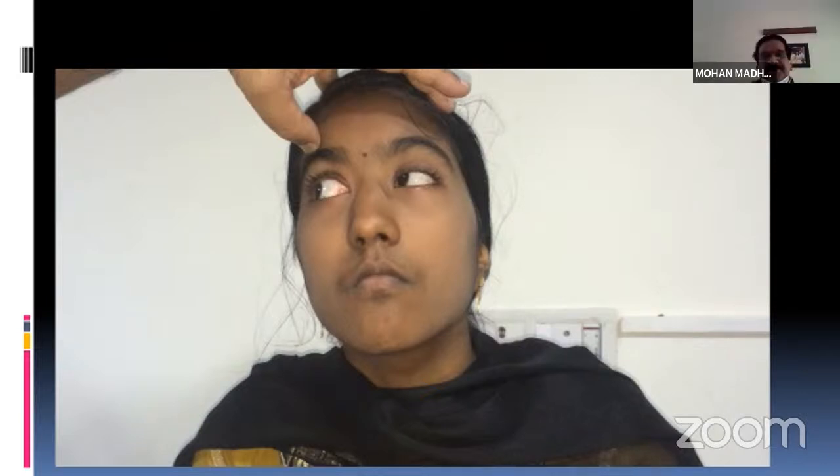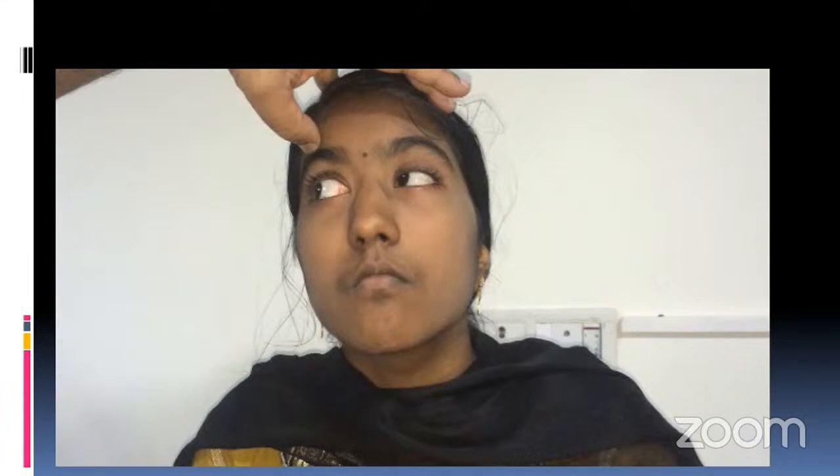When she is looking to one side, the eye that is adducting is showing a decrease in the size of the palpebral fissure. And when she is looking up, the left palpebral fissure is less. There is like a ptosis, and when she is looking down, there is a lid lag in that eye.